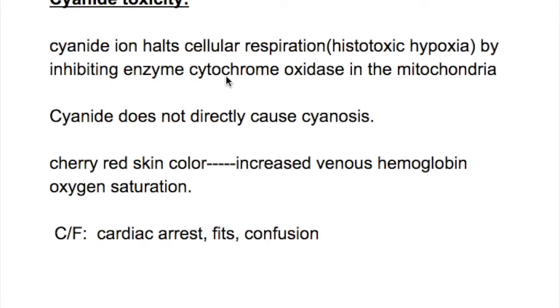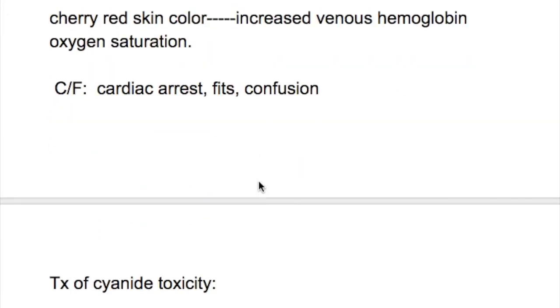It inhibits the enzyme cytochrome oxidase in the mitochondria. Does it cause cyanosis? It does not cause cyanosis directly. Instead, it causes cherry red skin color. Why is there cherry red skin color in cyanide toxicity? Due to increased venous hemoglobin oxygen saturation.